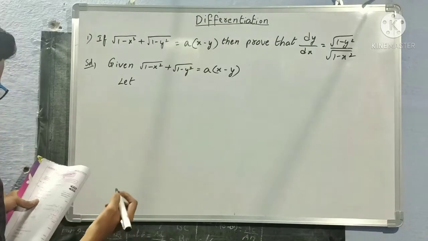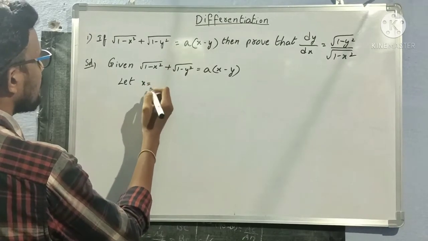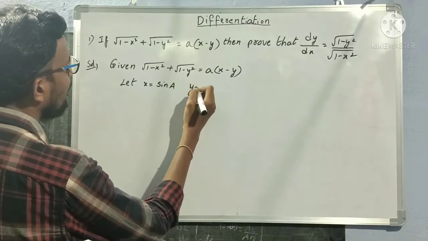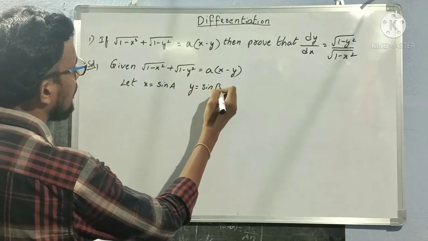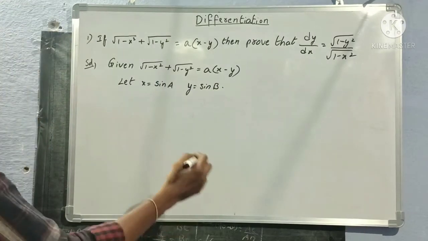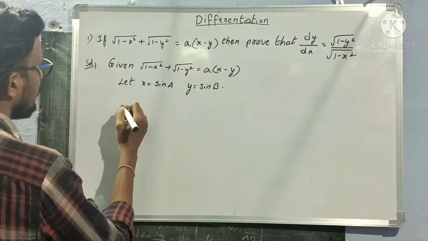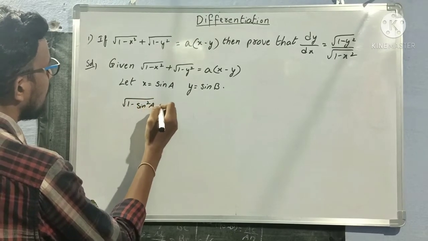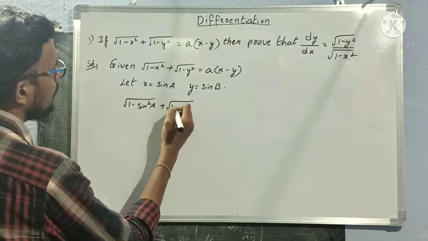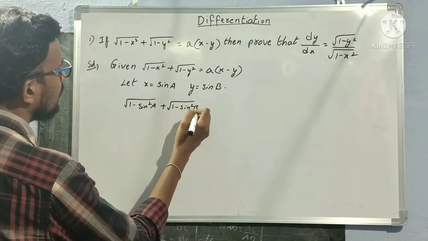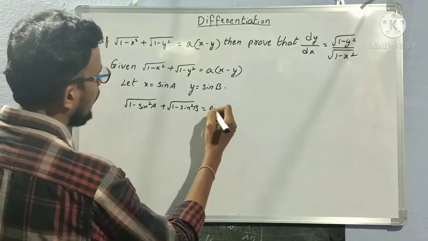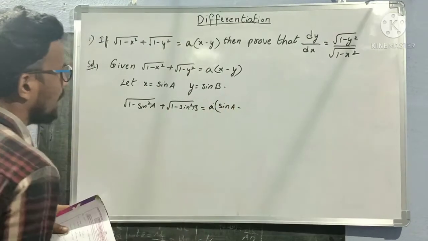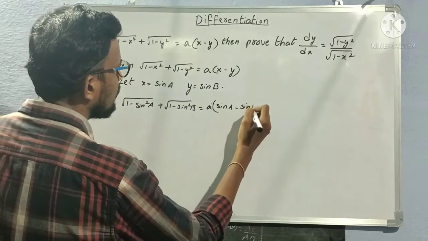I am taking x as sin A and y as sin B. Then my equation changes like this: square root of 1 minus sin square A plus square root of 1 minus sin square B is equal to a into sin A minus sin B.